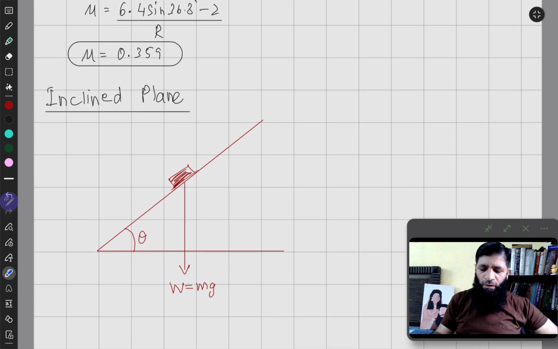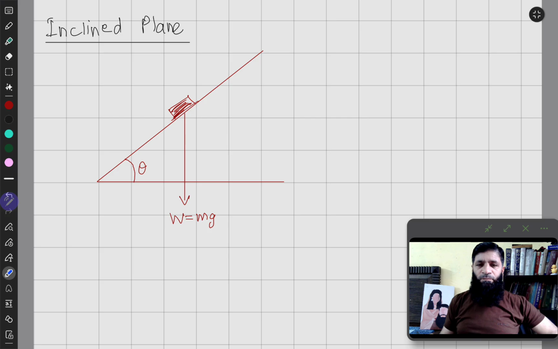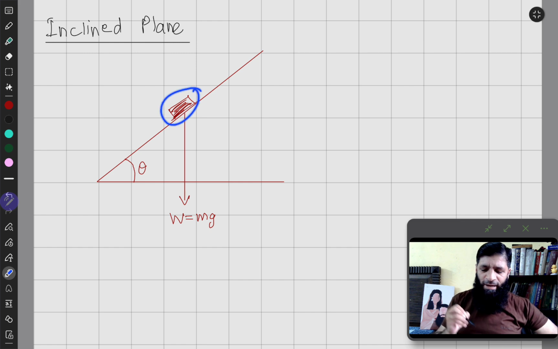Now we are starting from the next concept, which is inclined plane. You can see an inclined plane which is making angle theta with the horizontal, and let's suppose there is an object of mass m. If mass is m, then weight will be mg.